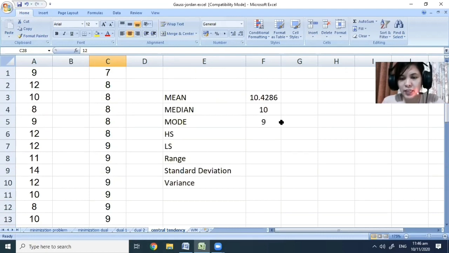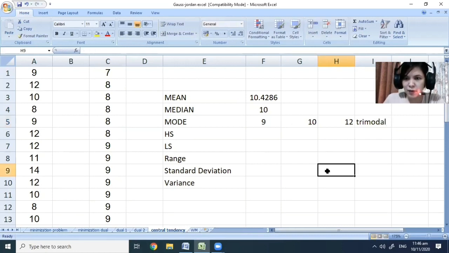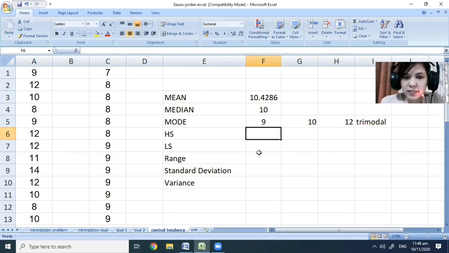So we have 3 modes that are 9, 10, and 12. So we have an ungrouped frequency distribution which is trimodal. Bakit siya trimodal? Kasi tatlo yung numbers na nauulit at same yung kanilang pagkaulit.